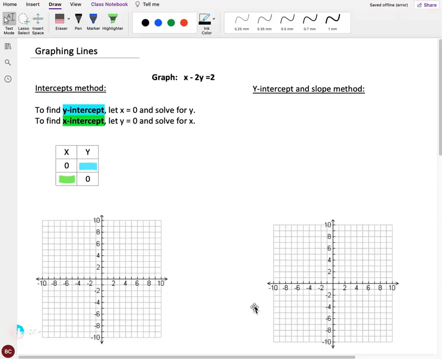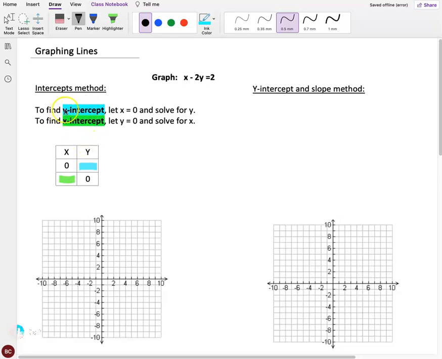So let's start off with graphing this equation given here, x minus 2y equals 2. With something like this, there's a couple of different ways that we could go about graphing it. One of the ways that they talk about in the module is using the intercepts method, where you're finding the x and y intercept to graph those.